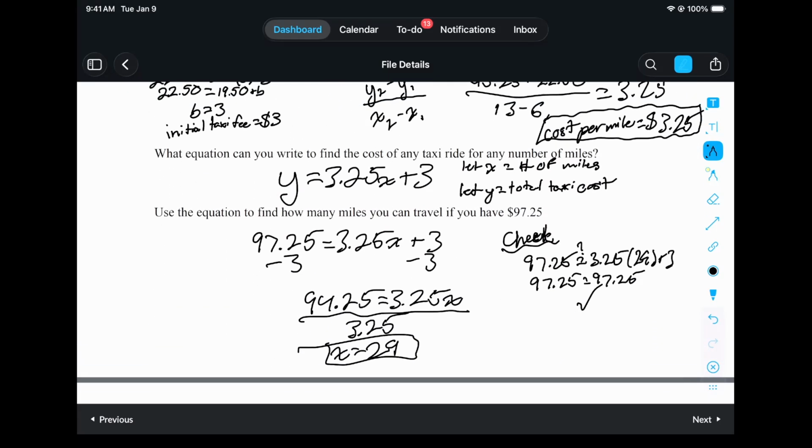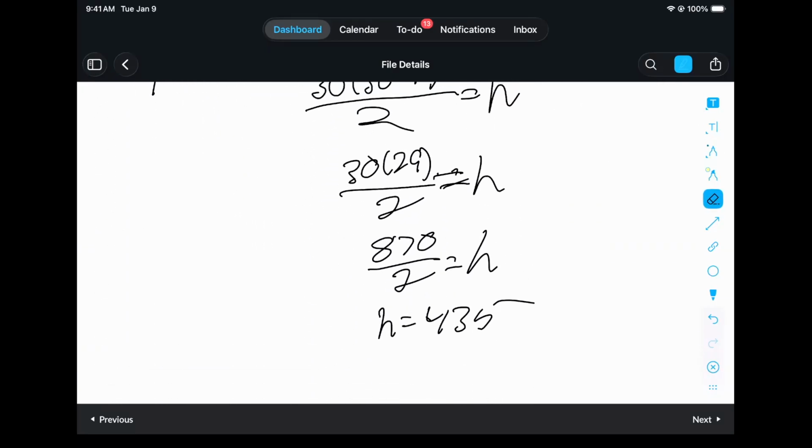Going back to the previous problem, well, no, we'll finish this and then go back. Sorry, I'm all over the place. Finishing this problem: there will be 435 total handshakes.